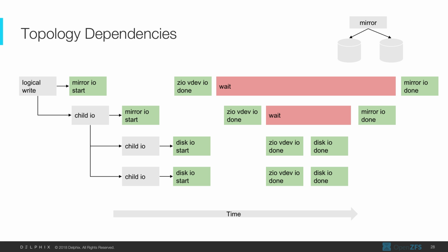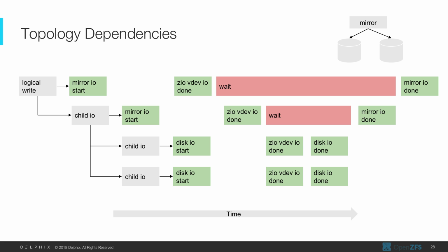Okay, so simple case here. Let's assume we have a mirror with 2 disks. This is effectively what it would look like. We would have a logical write. It would go to mirror IO start because VDEV is null. It creates a child IO. That child IO is going to be associated with a mirror. That is going to call back into VDEV mirror IO start, where it's going to create 2 children because we have 2 disks associated with this mirror.